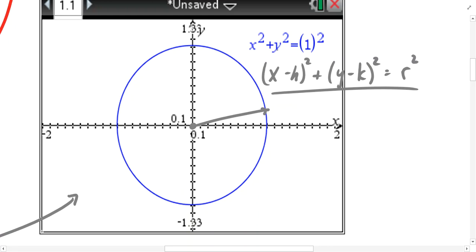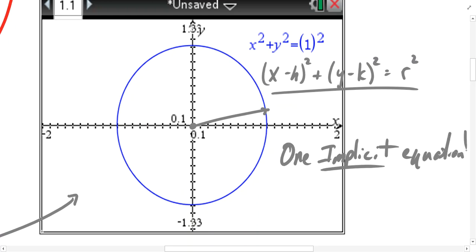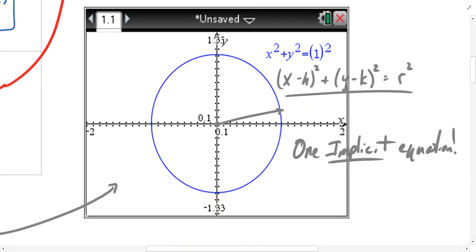So we can now generate the entire image of that circle with one equation only. One implicit equation would be sufficient. And so sometimes it's helpful just to deal with implicit functions to describe a particular image.